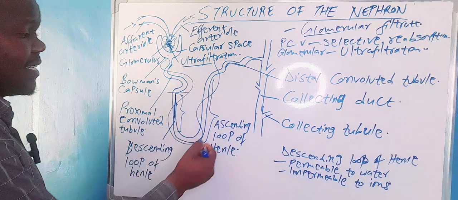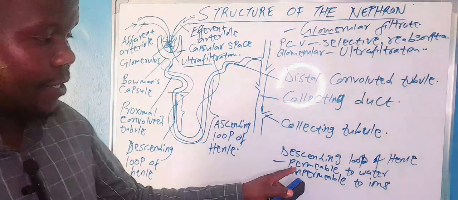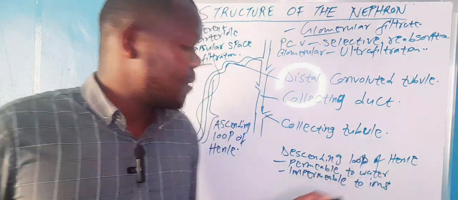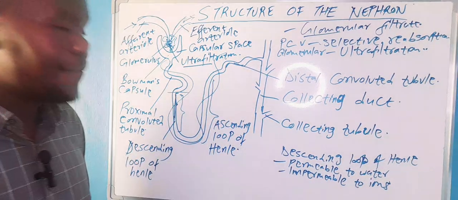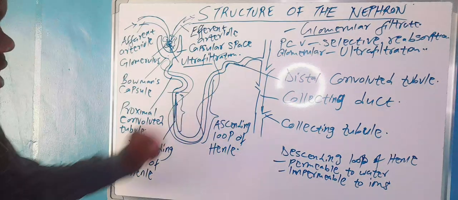Then when you go to the ascending limb, it's the opposite: it will be permeable to the ions and impermeable to water. It's the opposite of the descending limb.